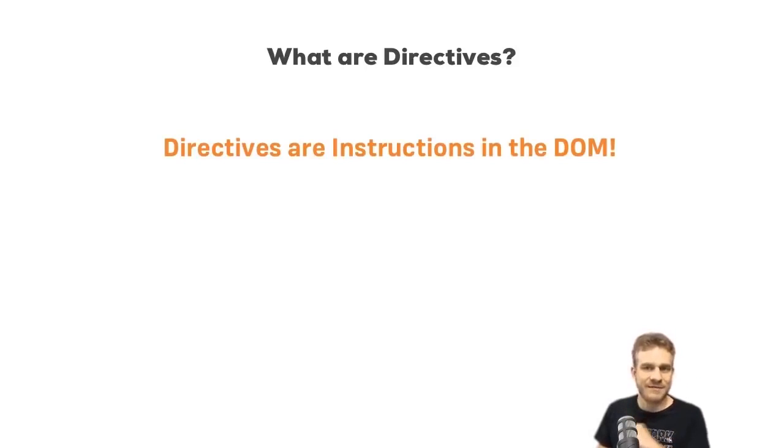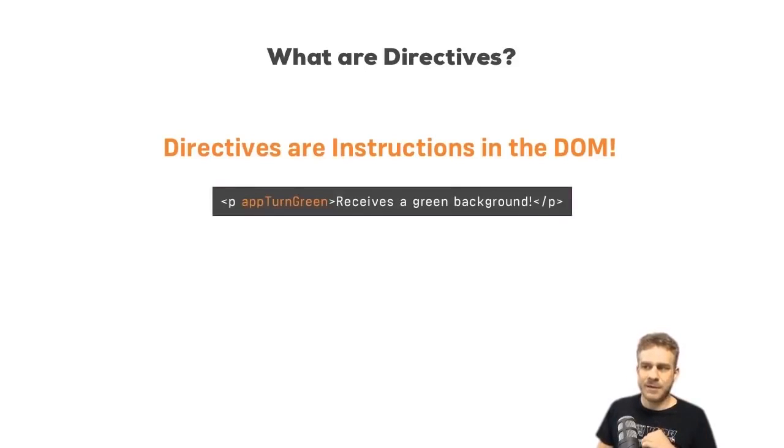There are also directives without a template. So an example would be the app turn green directive, which would be a custom directive we could build. We typically add directives with an attribute selector, but technically the selector of a directive can be configured just like the selector of a component.